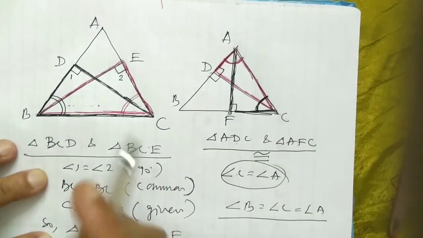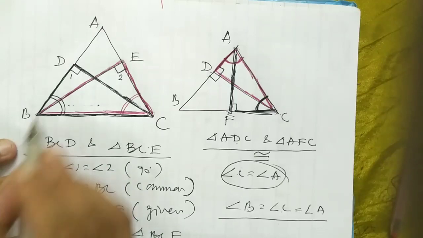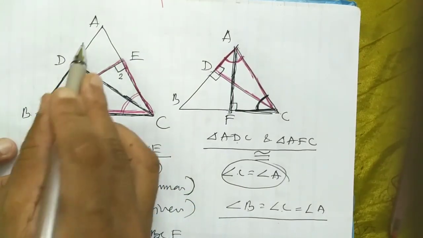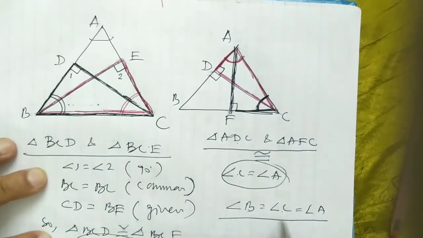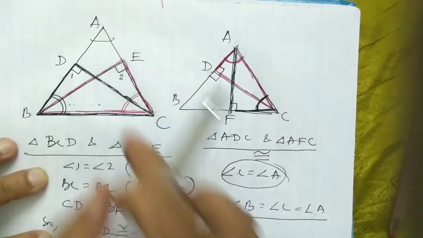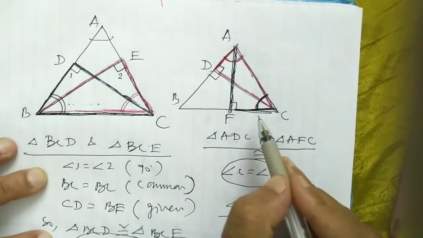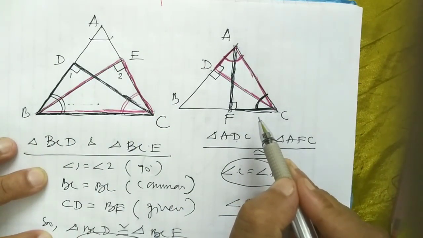In this triangle, angle B equal to angle C equal to angle A. So when three angles are equal, it's an equilateral triangle. So my ABC is an equilateral triangle.